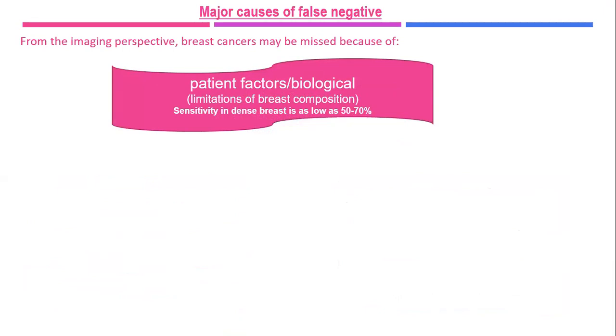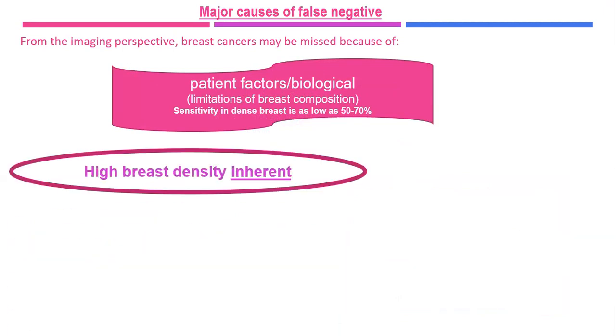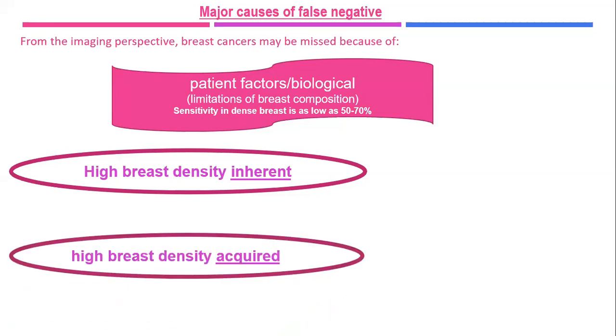Patient factors are mainly the limitations of breast composition. With dense breasts, the sensitivity of mammography can be as low as 50 to 70%, and this can be high breast density that is inherently present, or sometimes the density can be acquired, like in those who have received postmenopausal hormonal replacement therapy, or who have lost weight or increased their body mass index, and so forth.